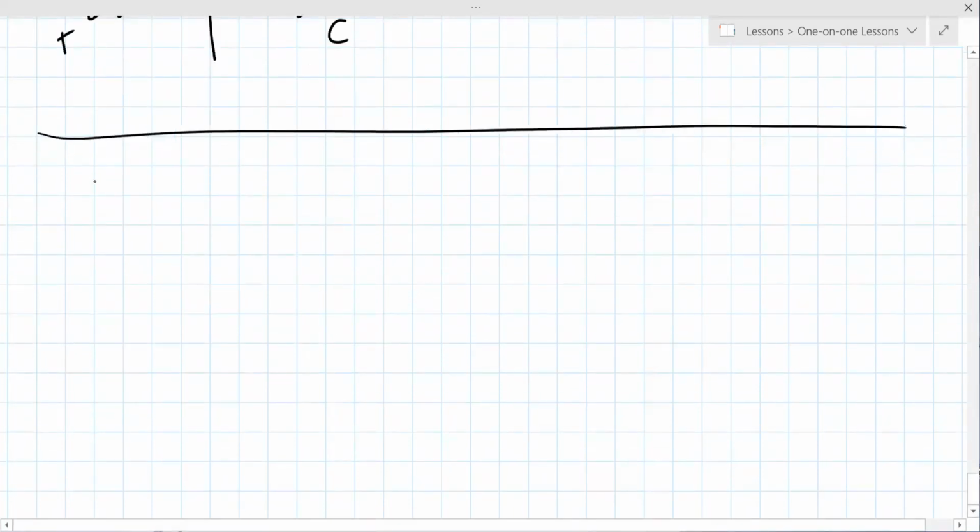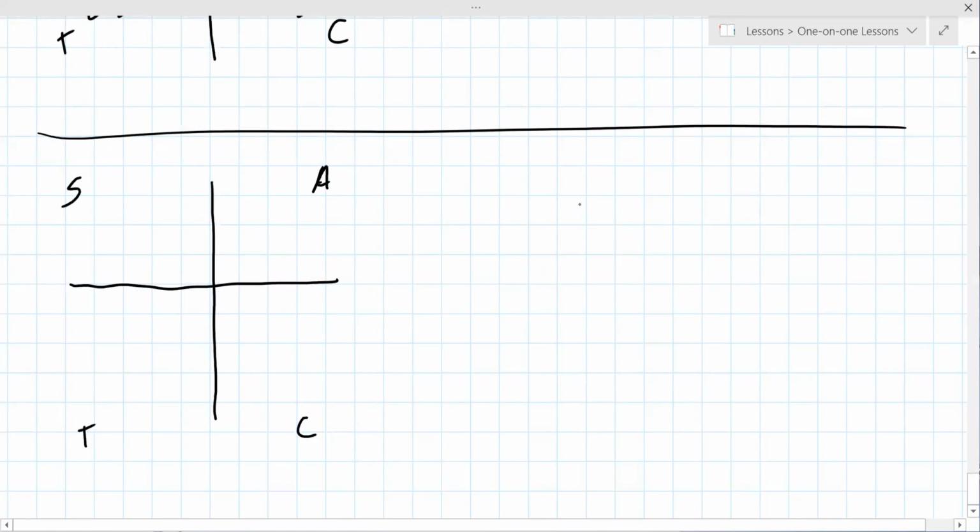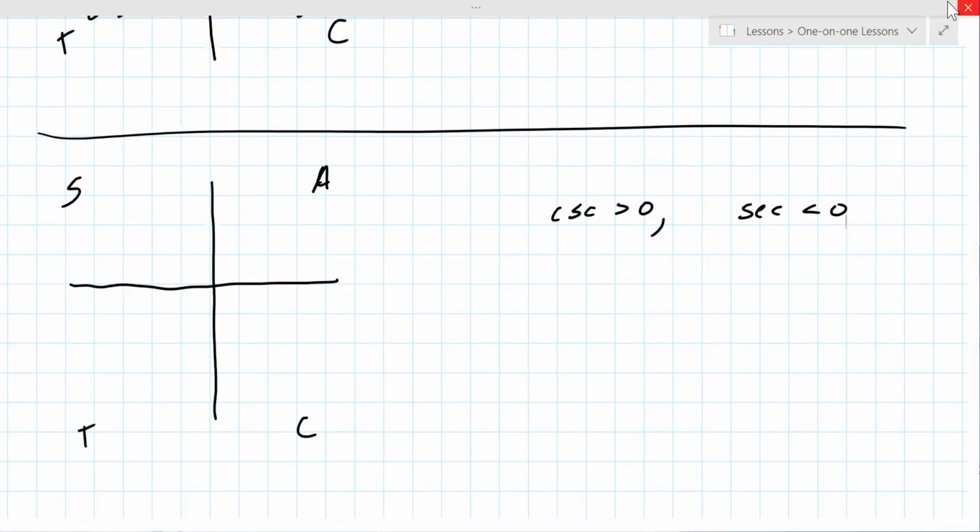Let me draw this again. Where is cosecant positive and secant negative? Cosecant is positive in the first and the second.